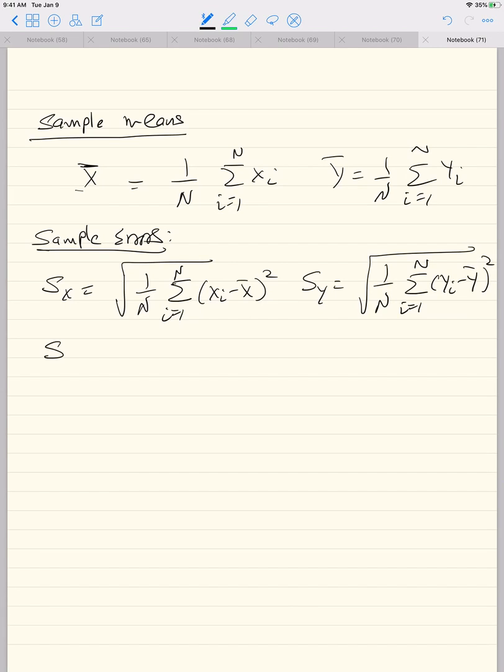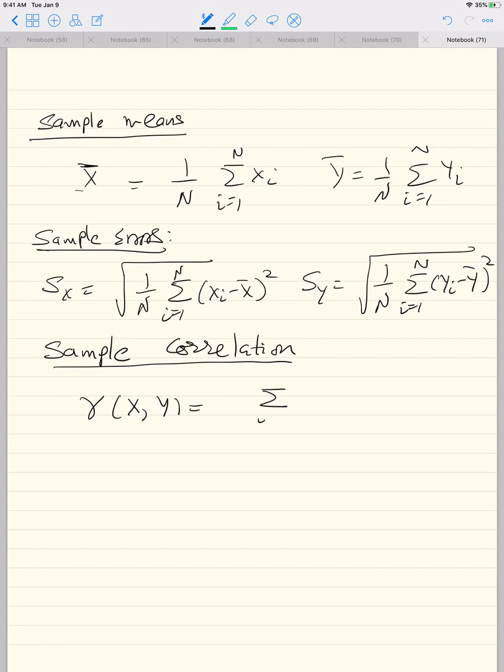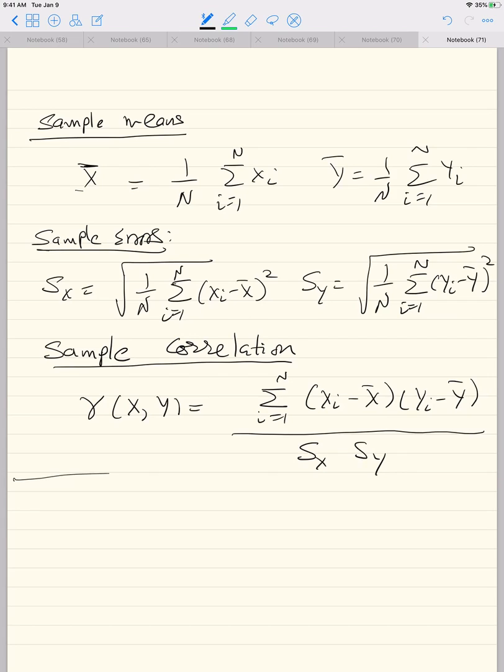And then the sample correlation, which is what we are interested in, is computed as gamma of xy, which is the summation of i going from 1 to n, xi minus x bar times yi minus y bar, divided by n Sx Sy. So this is how we define the sample correlation.